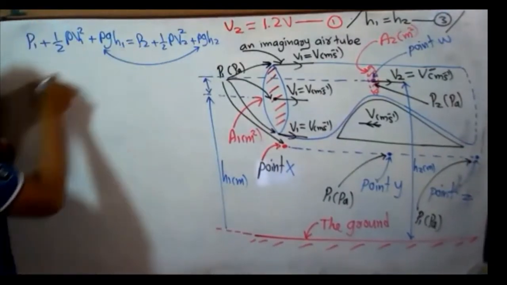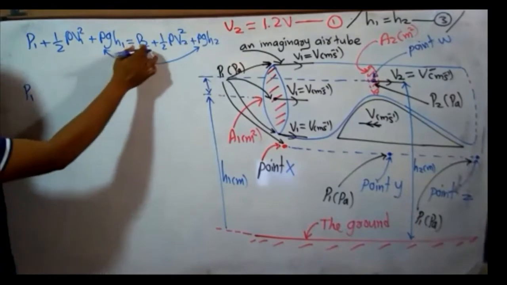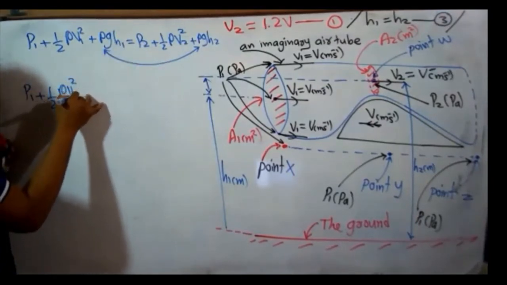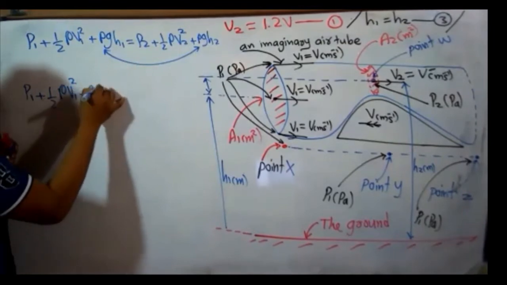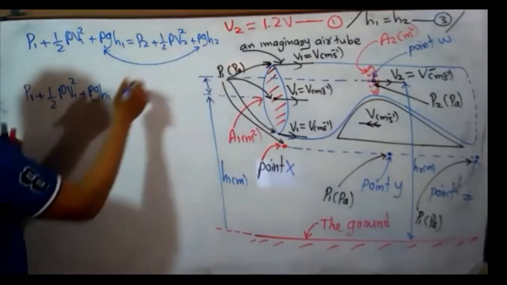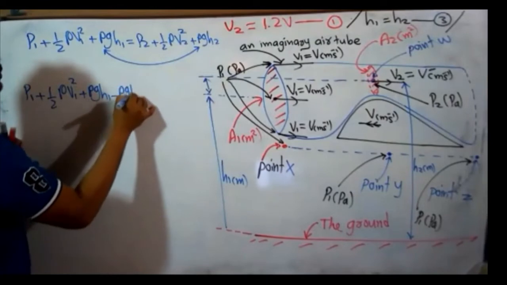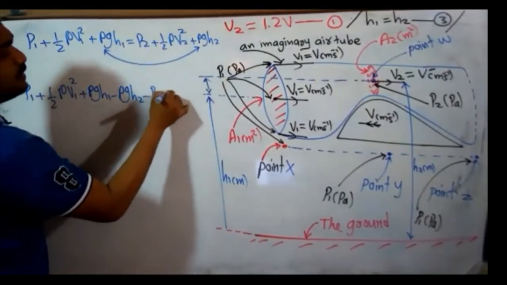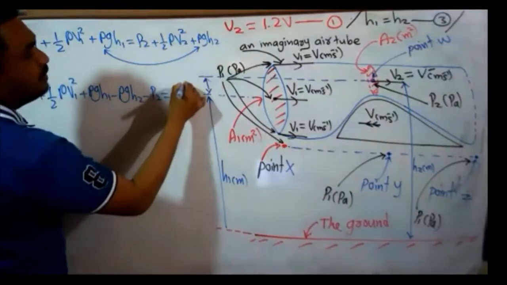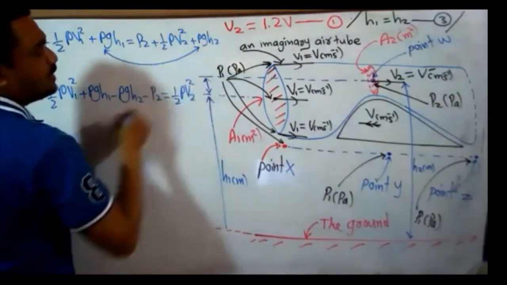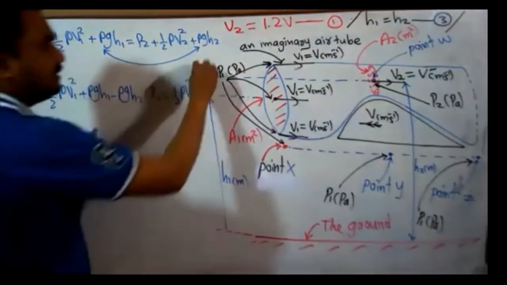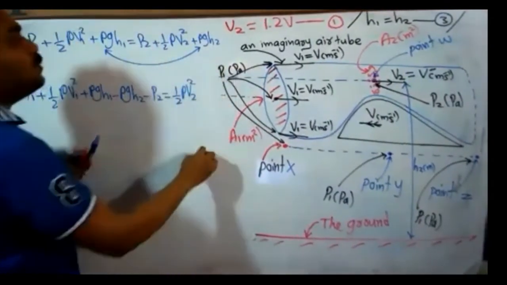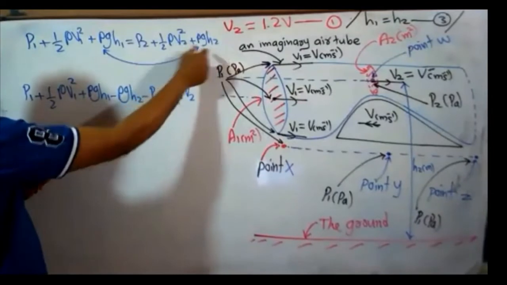I'll take P2 to this side. P1 plus half rho V1 square plus rho gH1 equals P2 plus half rho V2 square plus rho gH2.